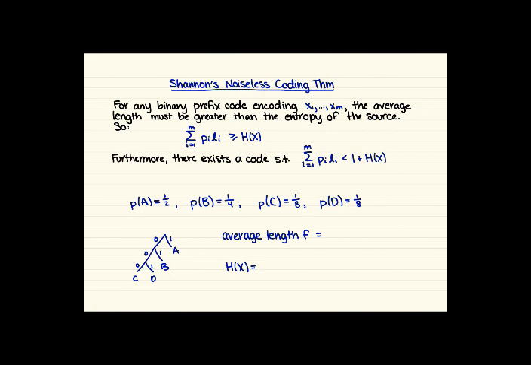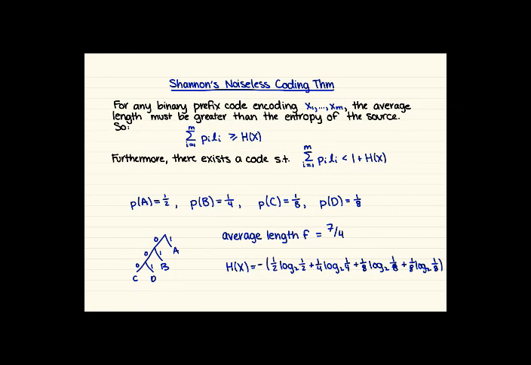So going back to our example with the Huffman code for these letters with these probabilities, we computed our average length to be 7/4, and our entropy here is minus 1/2 log base 2 of 1/2 plus 1/4 log base 2 of 1/4 plus 1/8 log base 2 of 1/8 plus 1/8 log base 2 of 1/8.